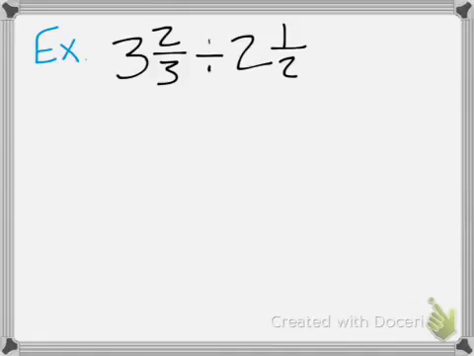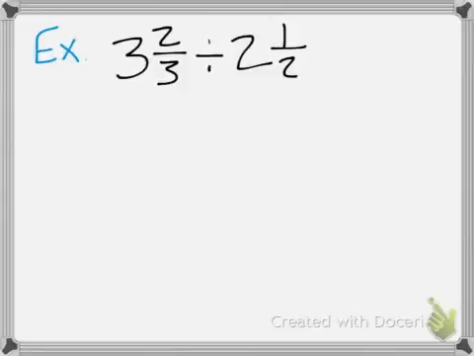Now let's look at what it should be. Our example is 3 2/3 divided by 2 1/2. First step is write the problem down. We've already got that step. The second step now is make the mixed numbers into improper fractions.